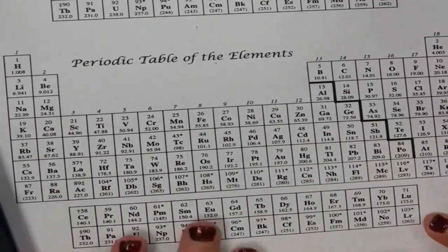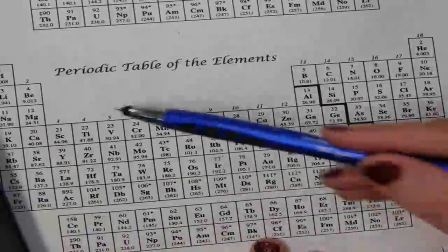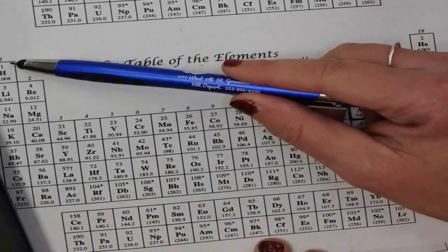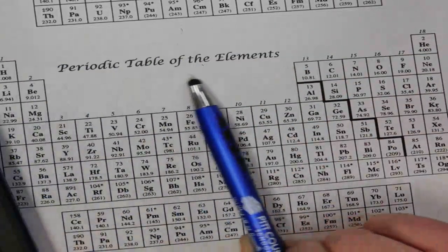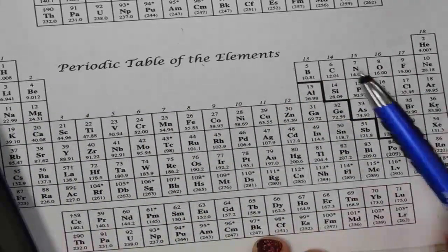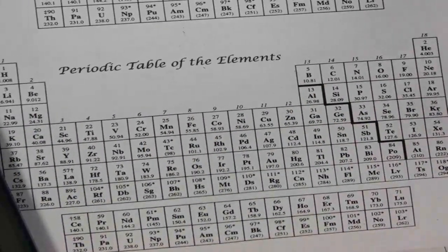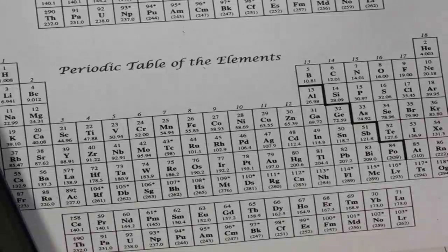How well does it share electrons? And we know that electronegativity is going to decrease as we move down the periodic table and increase as we move across the periodic table, with fluorine being the most electronegative element.